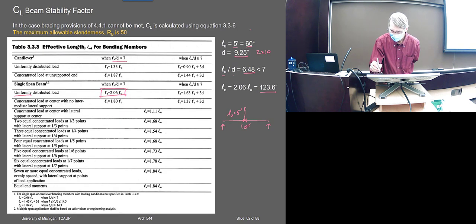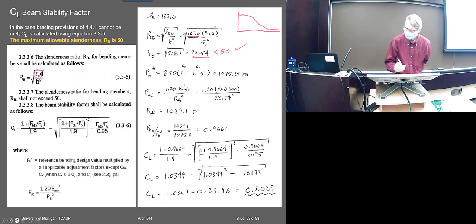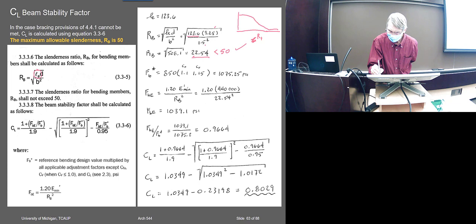So if this is RB, and this is CL, right? So this would be 1.0, and this would be way down.